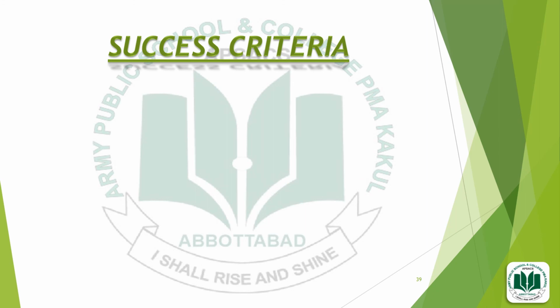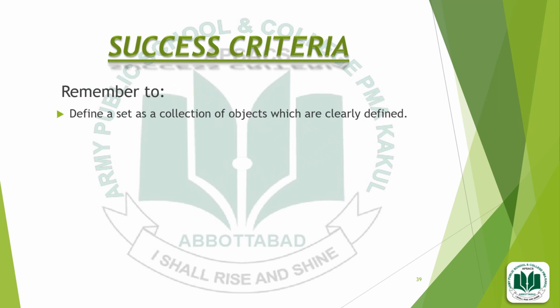Before assigning you your written task, there are a few points that I would like you to keep in mind. Remember to define a set as a collection of objects which are clearly defined and are distinct. Recognize that a set can be expressed by a Venn diagram.